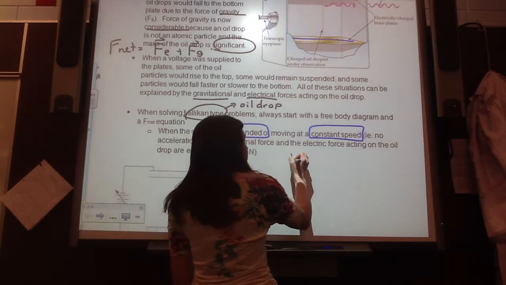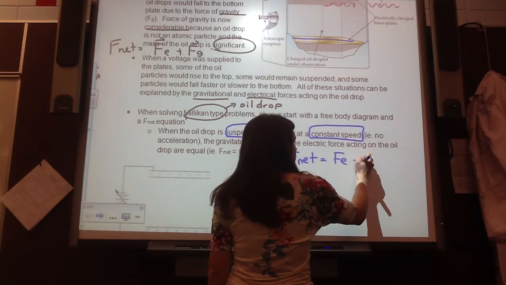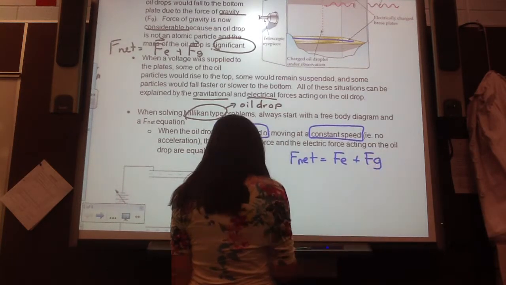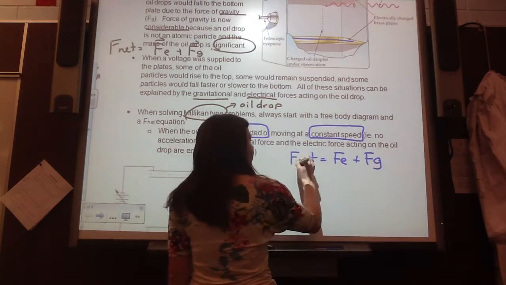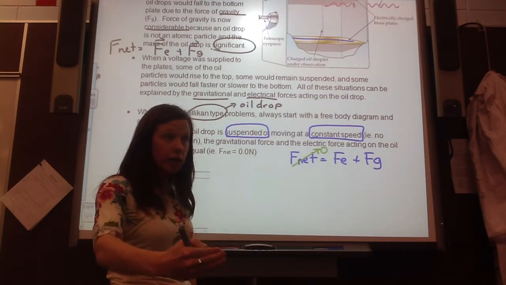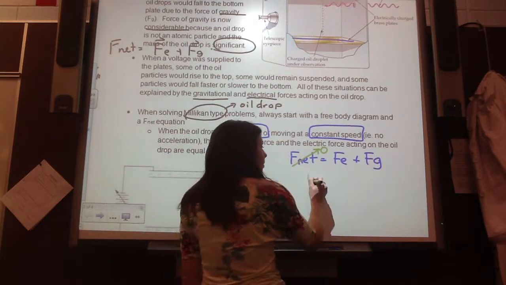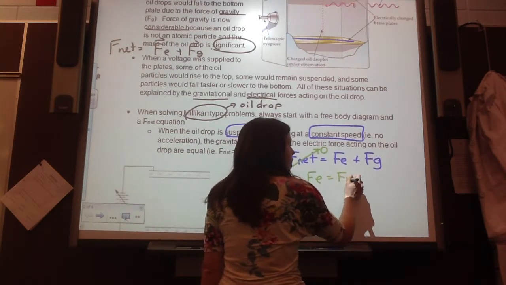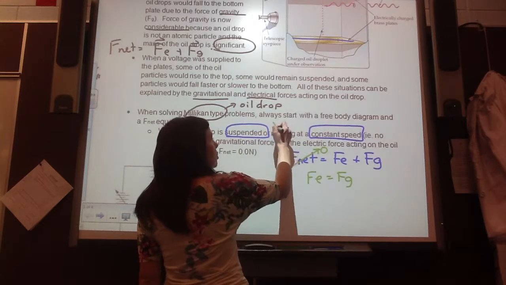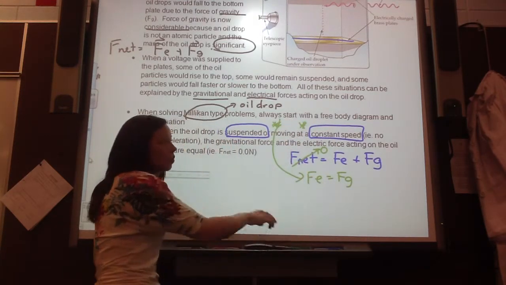So if we have Fnet equal to Fe plus Fg, Fnet then is 0 because Fnet is m times acceleration. If acceleration is 0, Fnet is 0. So then Fe is equal to Fg, only for these circumstances. Super important to remember that.